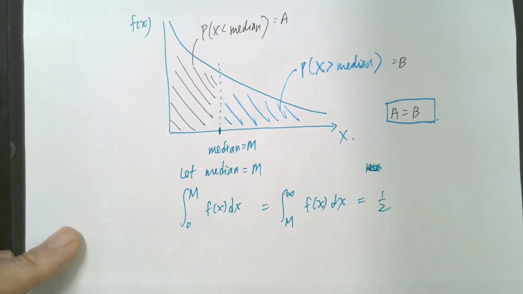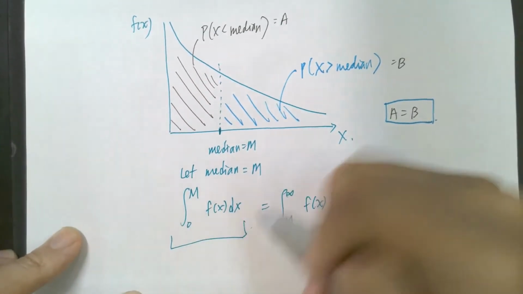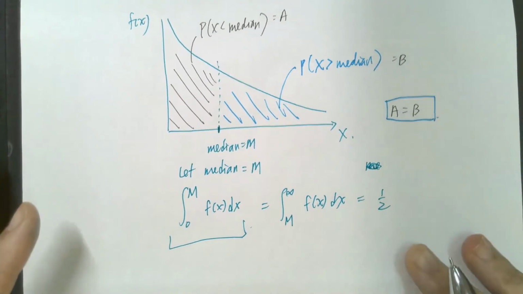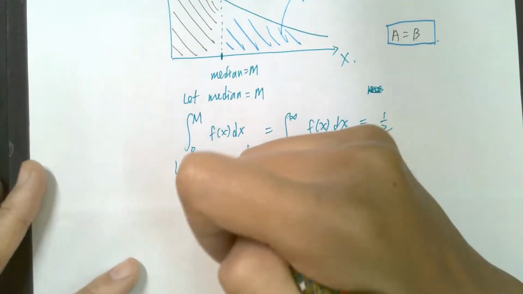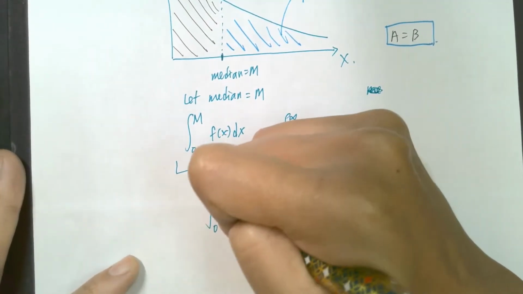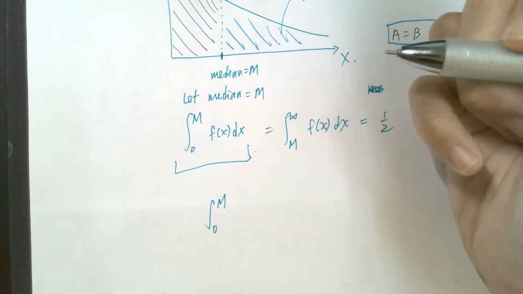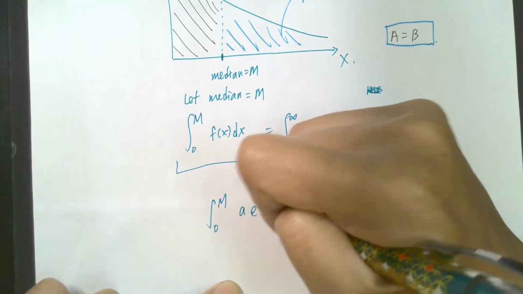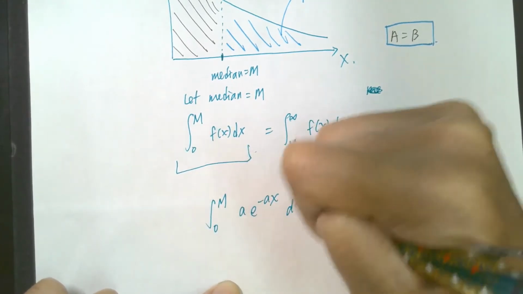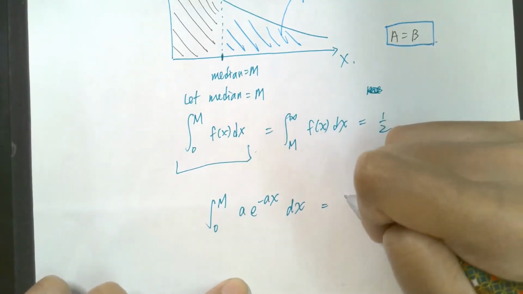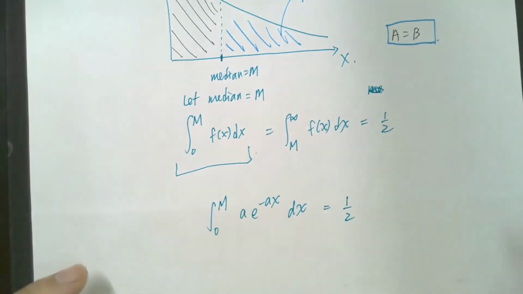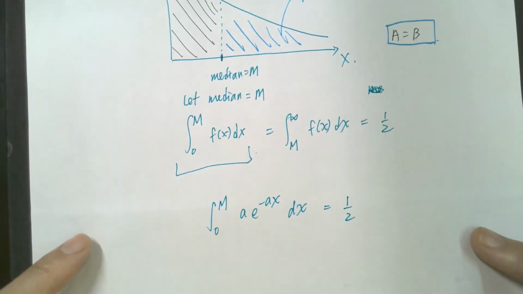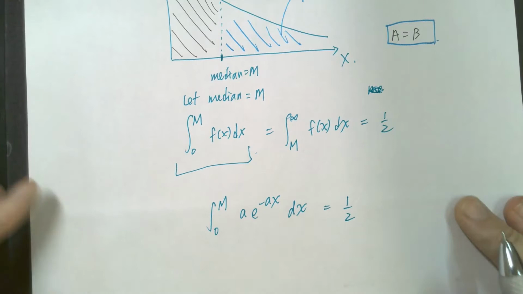Okay, so we work on this part because we don't want to work with the infinity at this point yet. So basically we have the integral from 0 to m of our probability function dx should be 1/2, right, by the definition. And we already did the integral, but we could do it again.